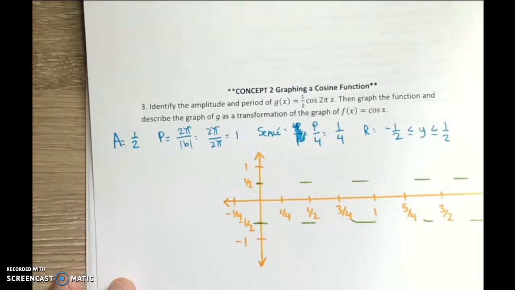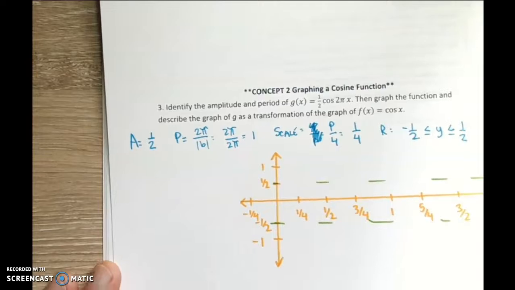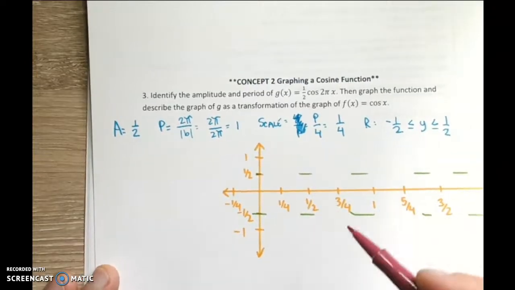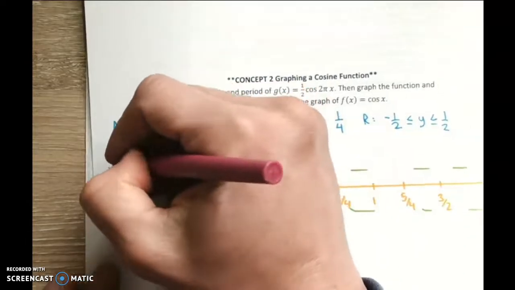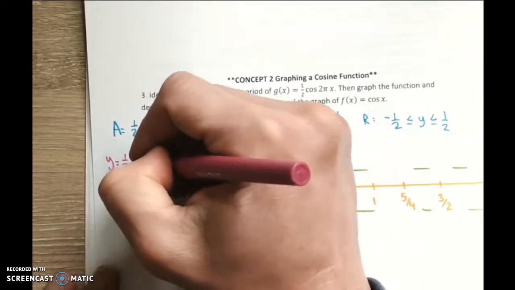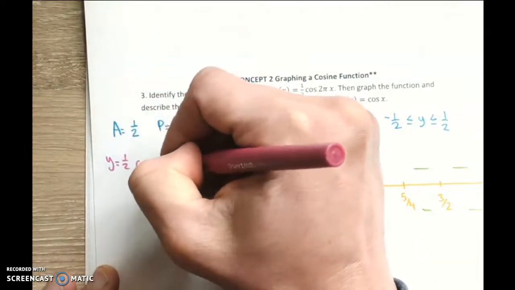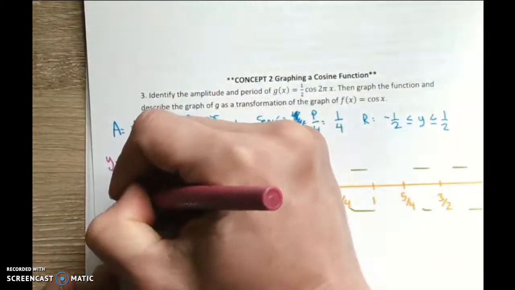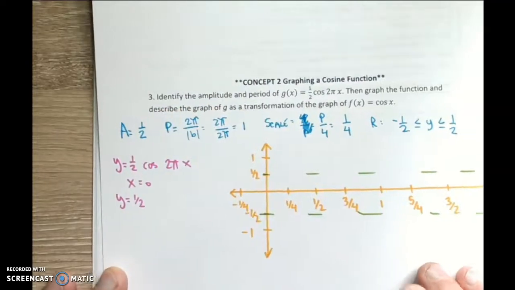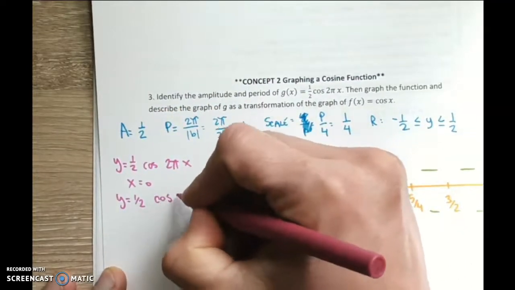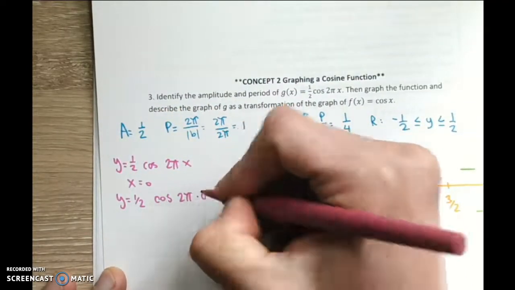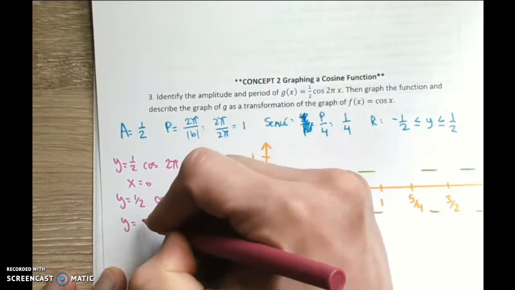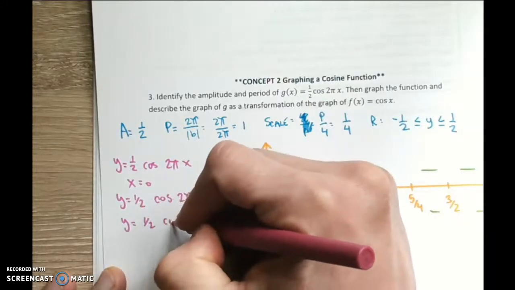So when I graph this cosine, I can start the same way, but there is a shortcut. I can say y equals 1/2 cosine 2 pi x. Where x equals 0, I get y equals 1/2 cosine 2 pi times 0, which is y equals 1/2 cosine 0.